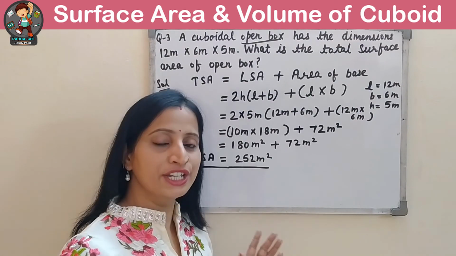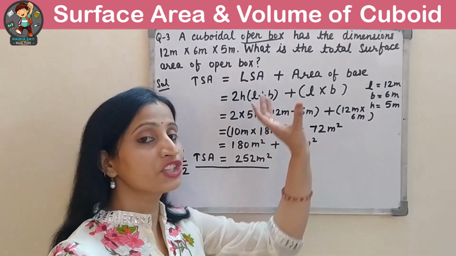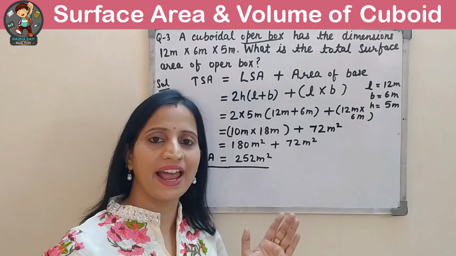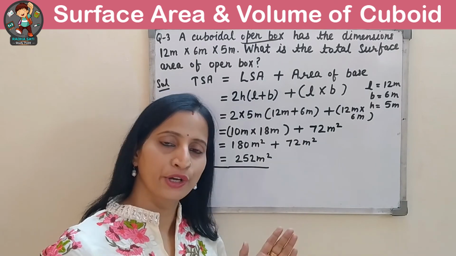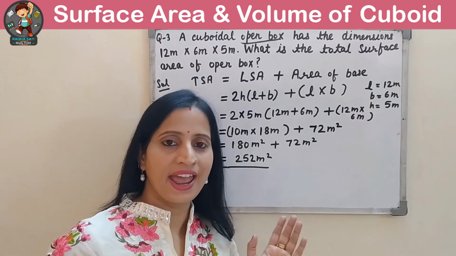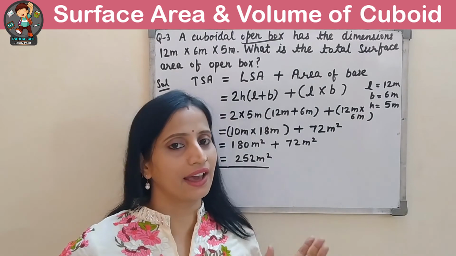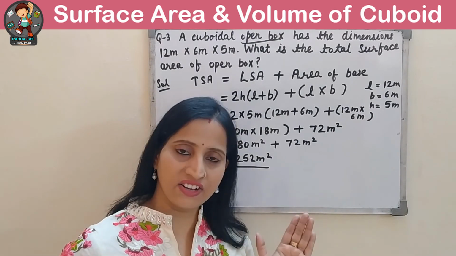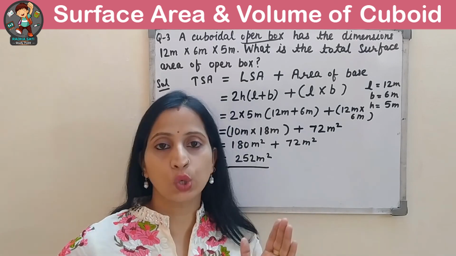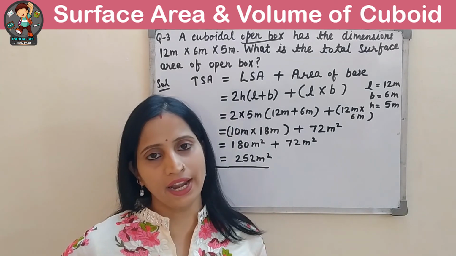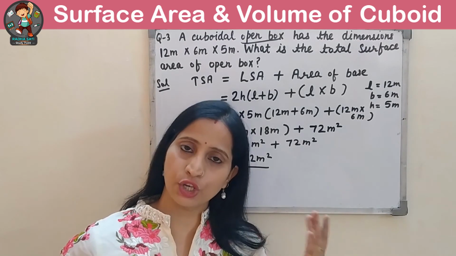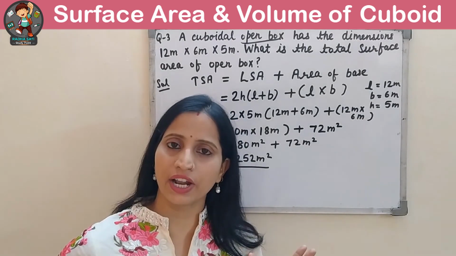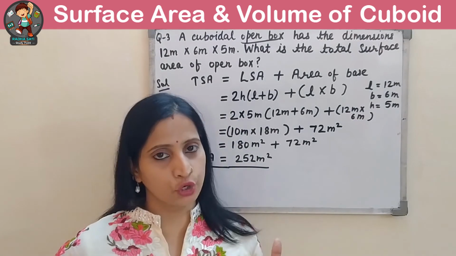So friends, now I hope that the concept of surface area and volume of a cuboid will be clear to you, and you also understood how to derive the formulas to find out the lateral surface area and total surface area of cuboid. Along with this, you also understood how to find out the volume of a cuboid.